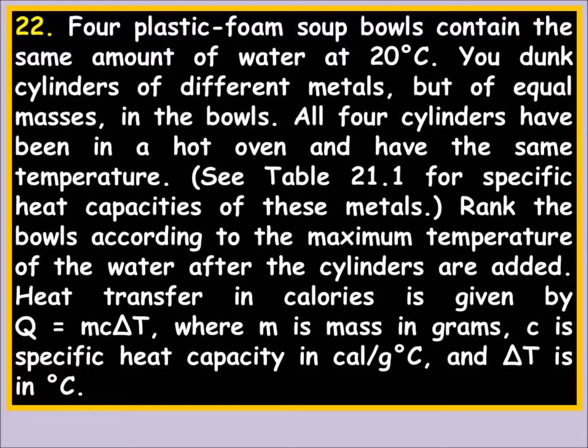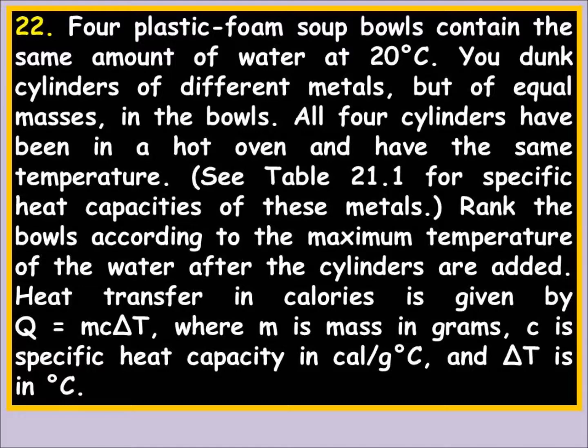Heat transfer in calories is given by Q = mcΔT, where m is the mass in grams, c is specific heat capacity in calories per gram degree Celsius, and ΔT is degrees Celsius.